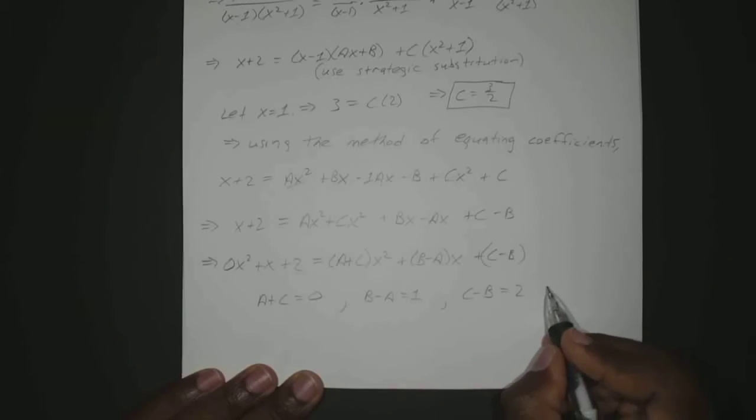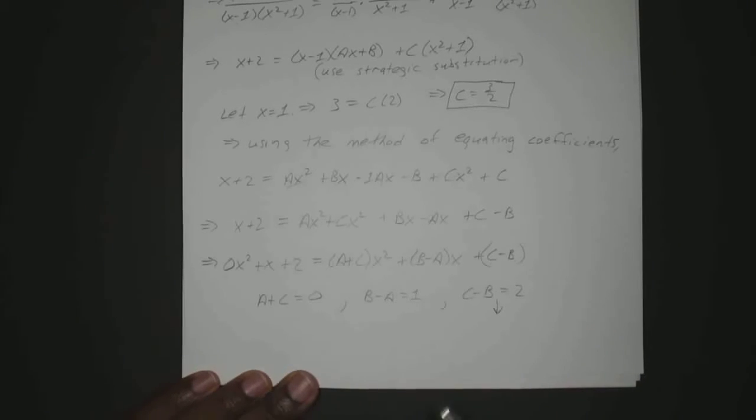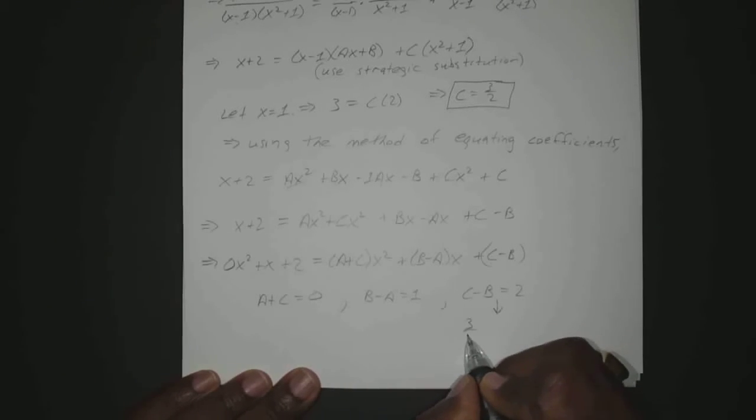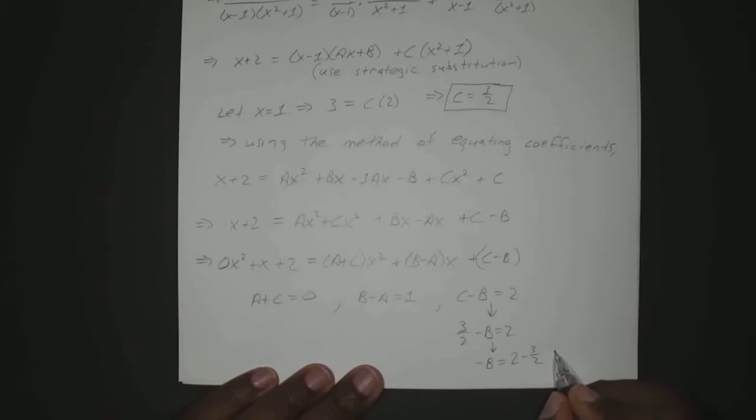We know that c is already 3 over 2, so this one will be pretty quick to solve. So that's 3 over 2 minus b equals 2. If we subtract 3 over 2 from both sides, negative b equals 2 minus 3 over 2. Make that 4 over 2, so that would be 1/2. So b would equal negative 1/2.